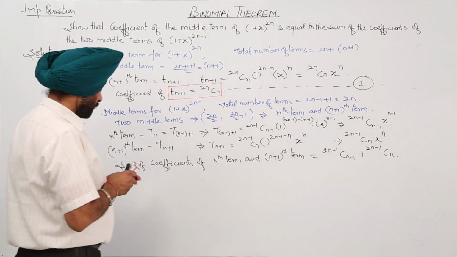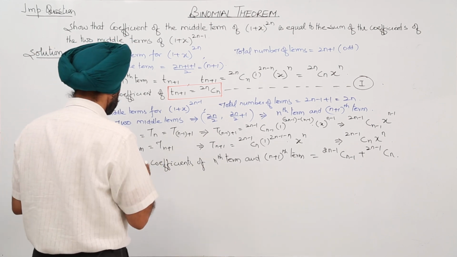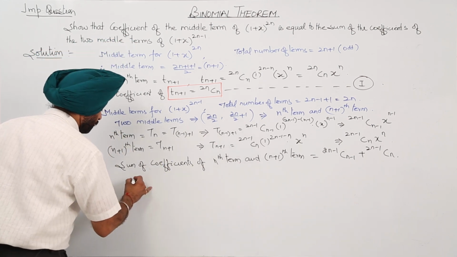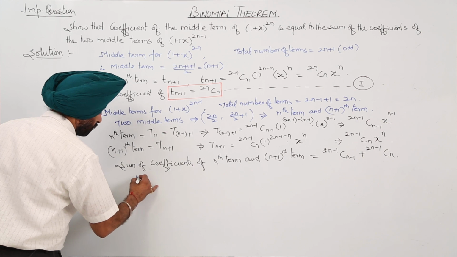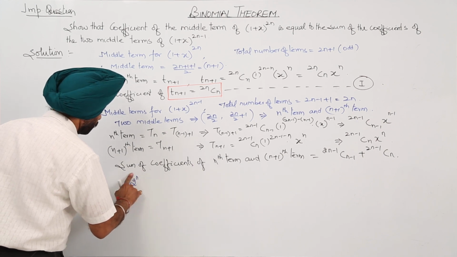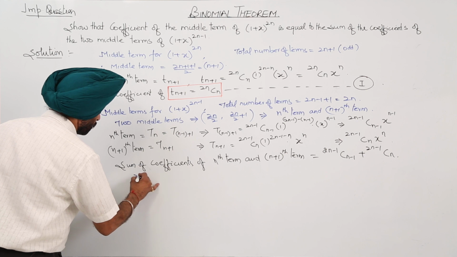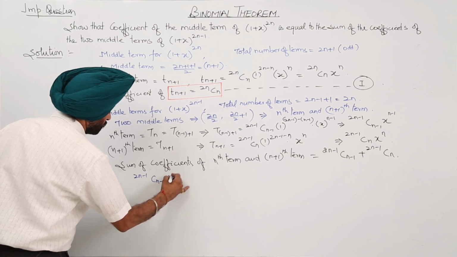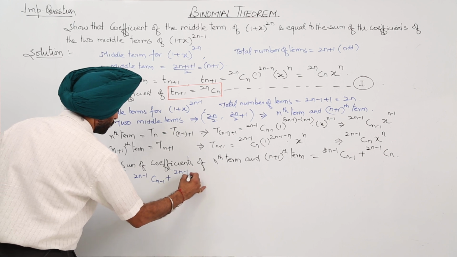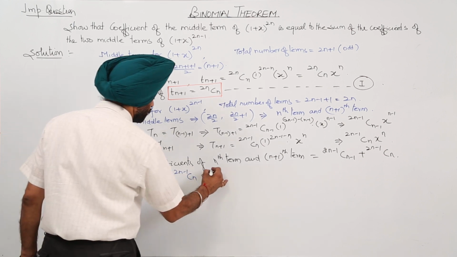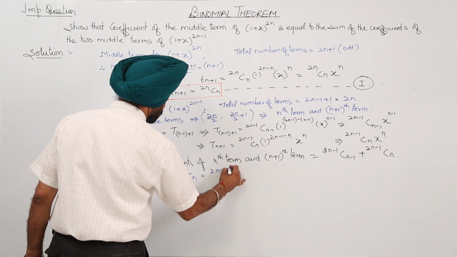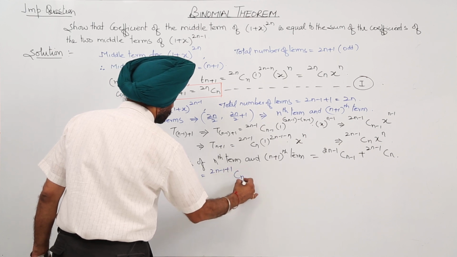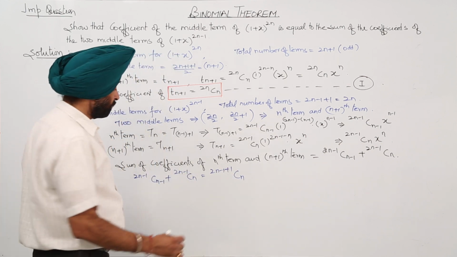Okay. Now we have gone through a theorem. We will be having 2n - 1 C n - 1 + 2n - 1 C n. This will be equal to (2n - 1 + 1) C n.